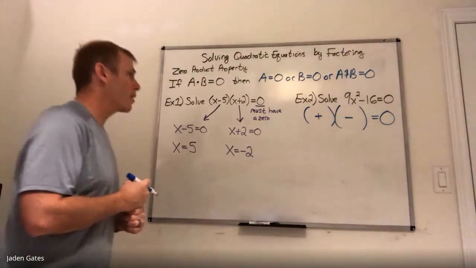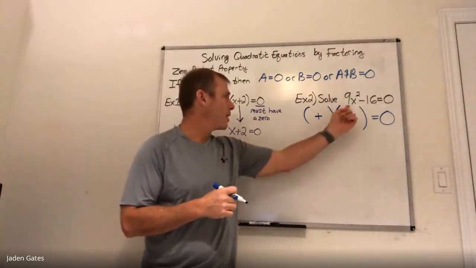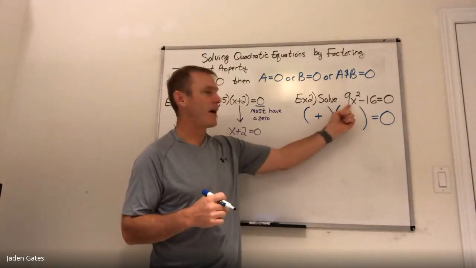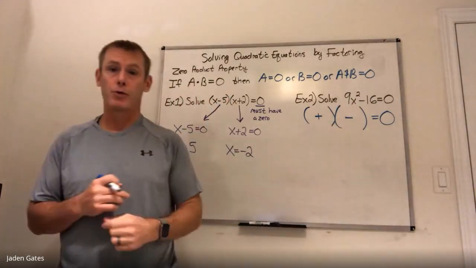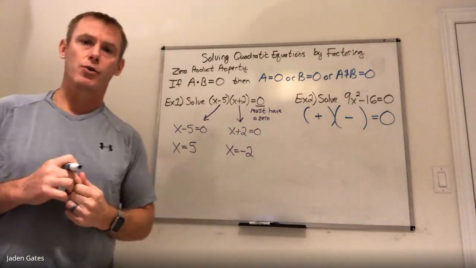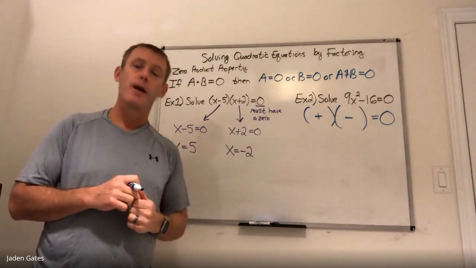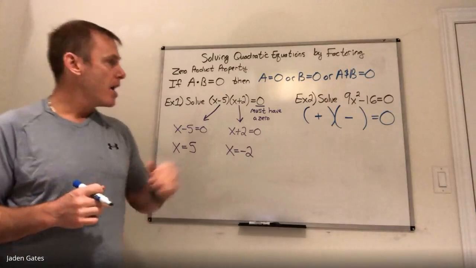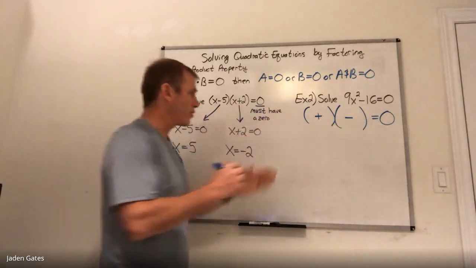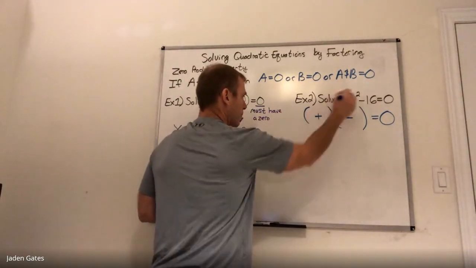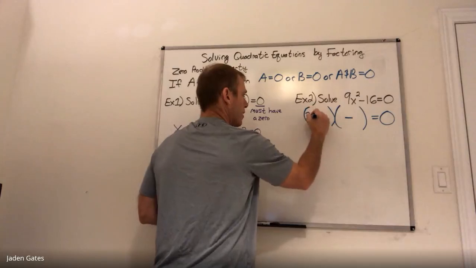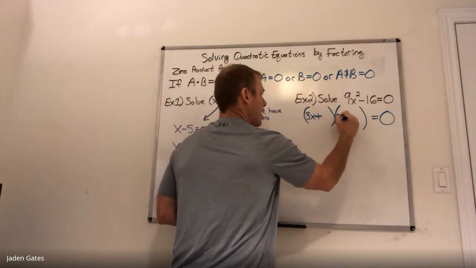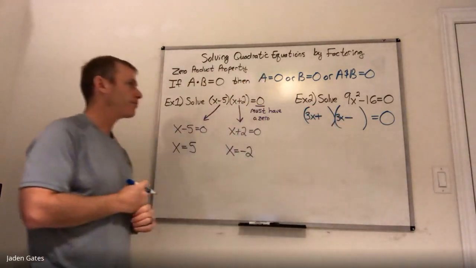But what does matter is where I put my terms. For a difference of squares factoring, I have to square root the first term, which means I square root the 9 and the x squared. I square root the 9, I get a 3. I square root the x squared, I get an x. So our first term is 3x, and because it's the first term that we square rooted, it goes in the first spot. So I've got a 3x here and a 3x here.